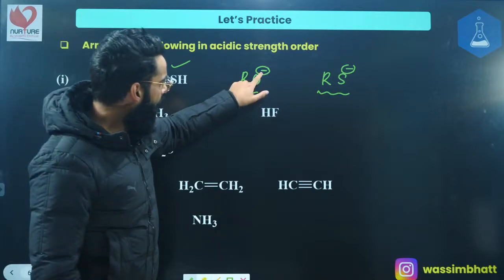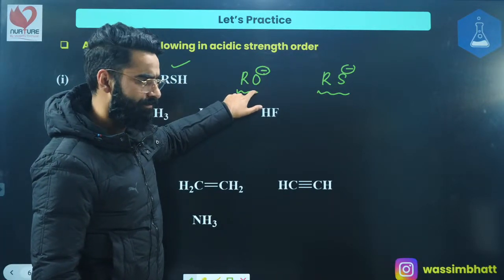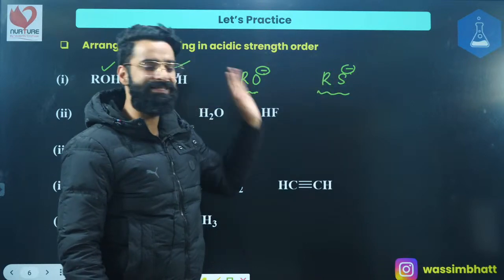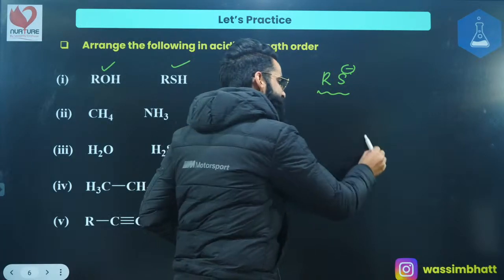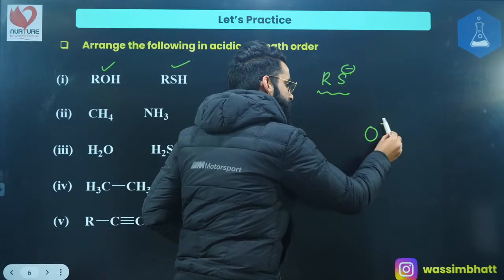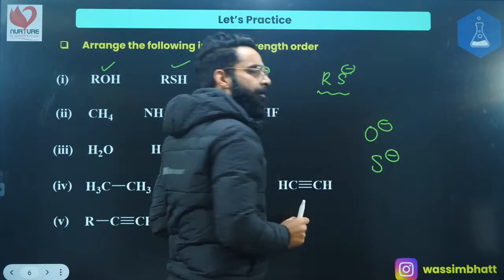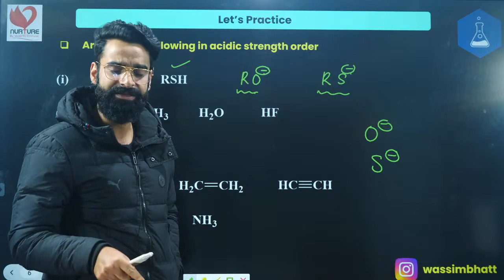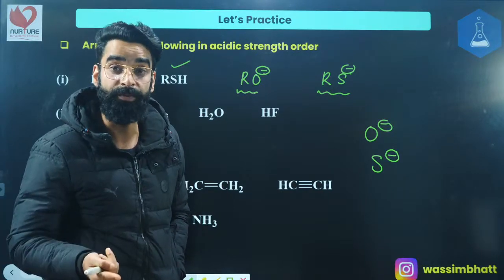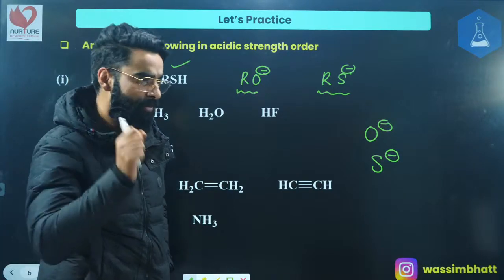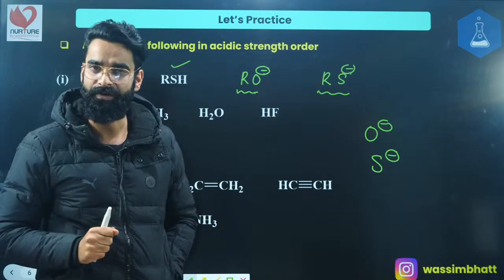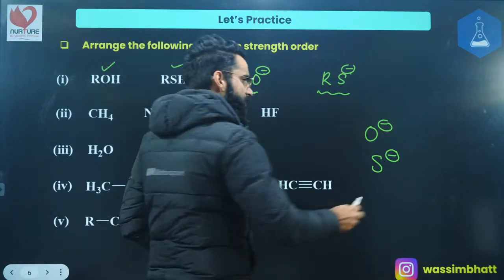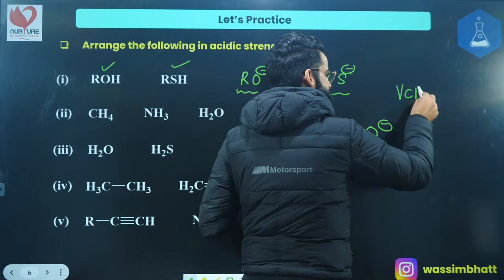See, over here we have the negative charge on oxygen, and right here we have the negative charge on sulfur. Oxygen and sulfur belong to the same group, and whenever you need to compare the stability of charges present on elements which belong to the same group, volume charge density comes into play, right? If you remember, volume charge density, which we discussed in the last session.